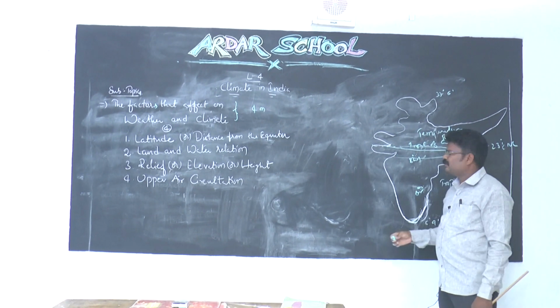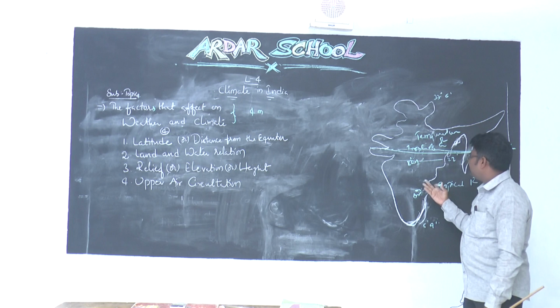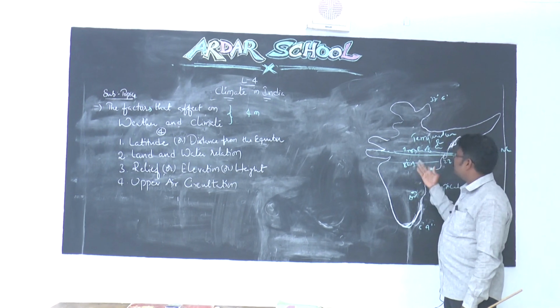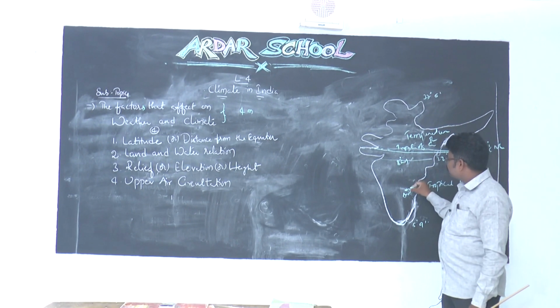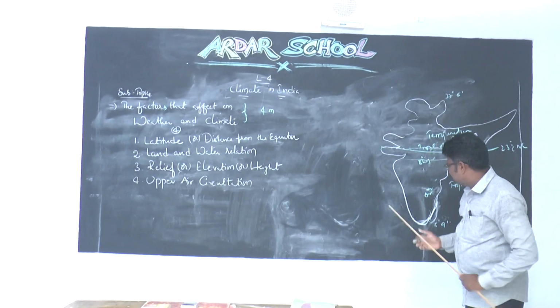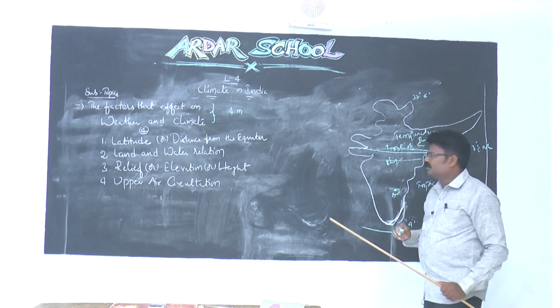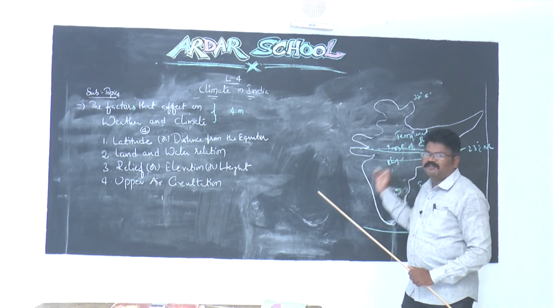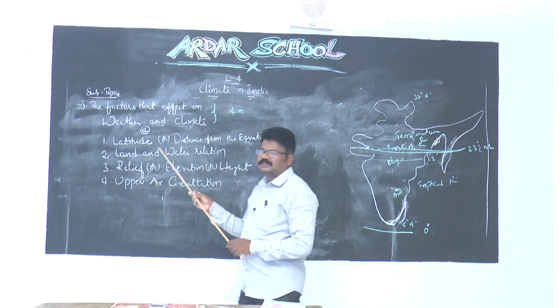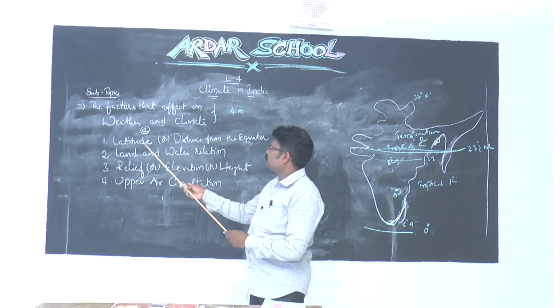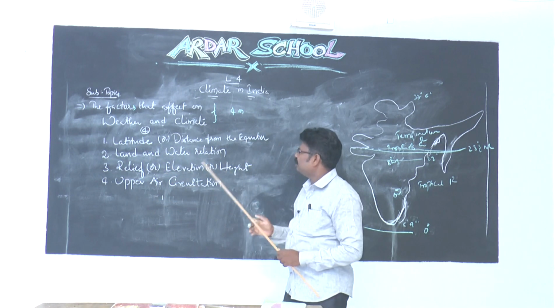The places which are near to the equator are hotter than the faraway places. Very good, I think you got the point. The first one is latitude or distance from the equator.